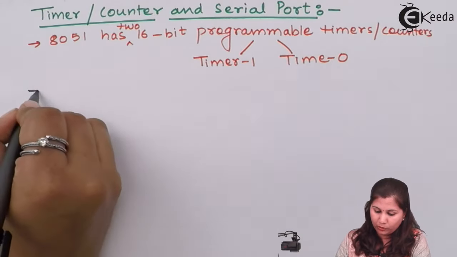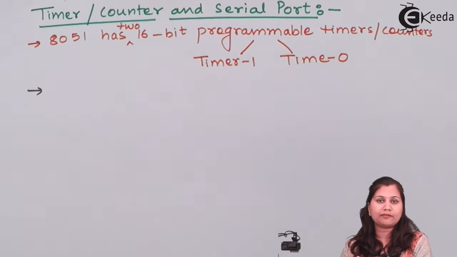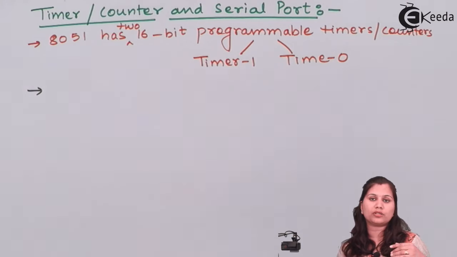In the counter mode, they are going to count the transitions. That is, we can load the counter with a count value, and this count value will either be decremented or incremented. Suppose we have loaded the counter with the value 10, we can increment it and decrement it. If we want to decrement, then we decrement it until its value reaches 0, and for incrementing, suppose we load it with the value 0 and increment it until the value 10.